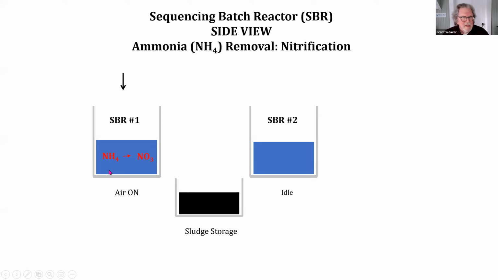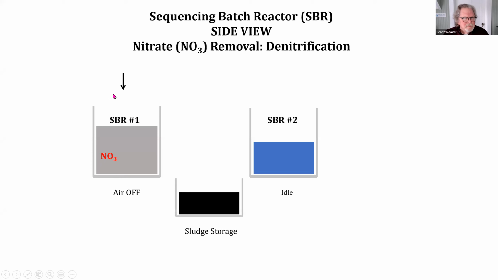That happens while the air is on. The tank continues to fill. There's BOD in the influent. As that BOD comes in and there's no air, the bacteria fighting to stay alive are going to breathe the oxygen off the nitrates. And as they do, the nitrate will convert to nitrogen gas.